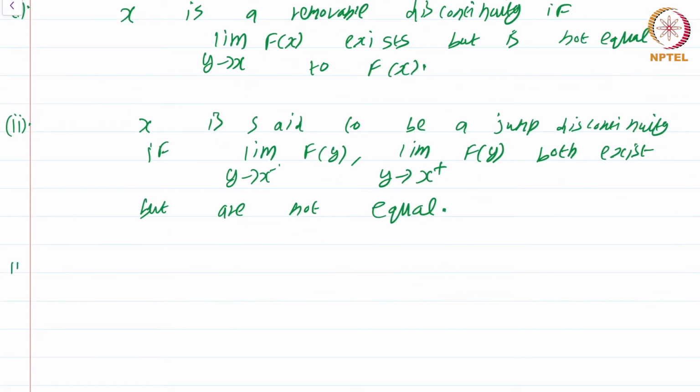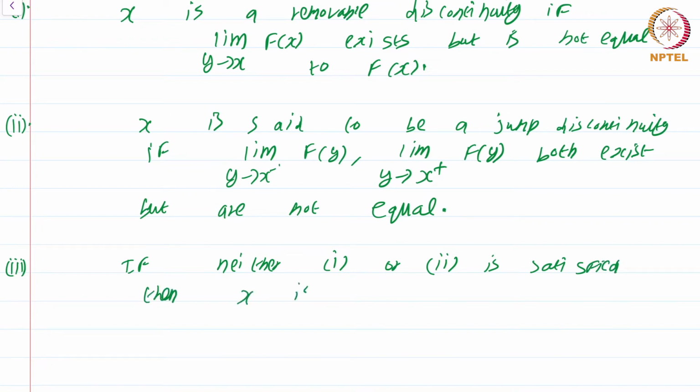Okay, so again the terminology is very nice. Number three. So two cases of mathematicians having vivid and nice terminology means that the third terminology is going to be ridiculously bad. If neither 1 nor 2 is satisfied, then x is said to be an essential discontinuity of f.